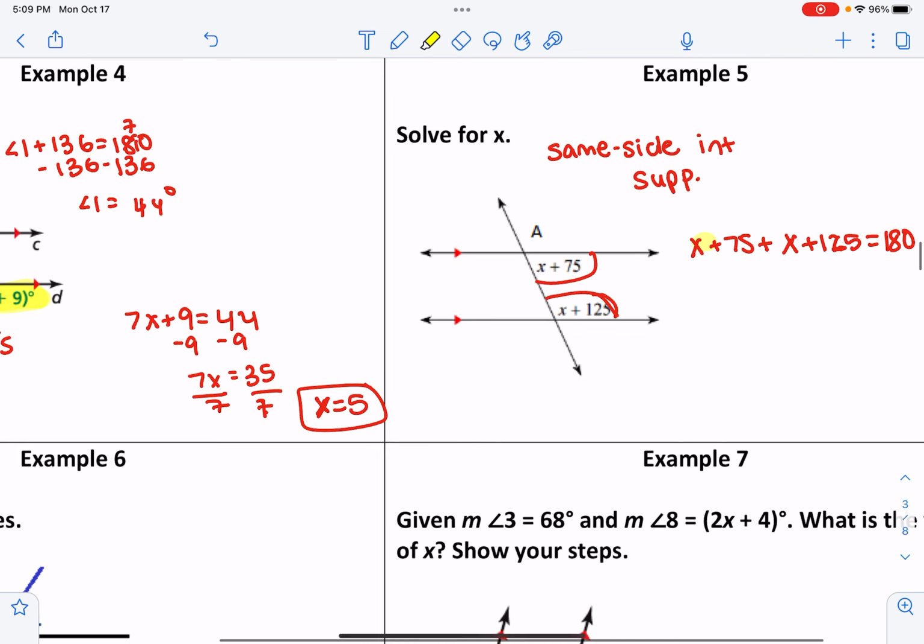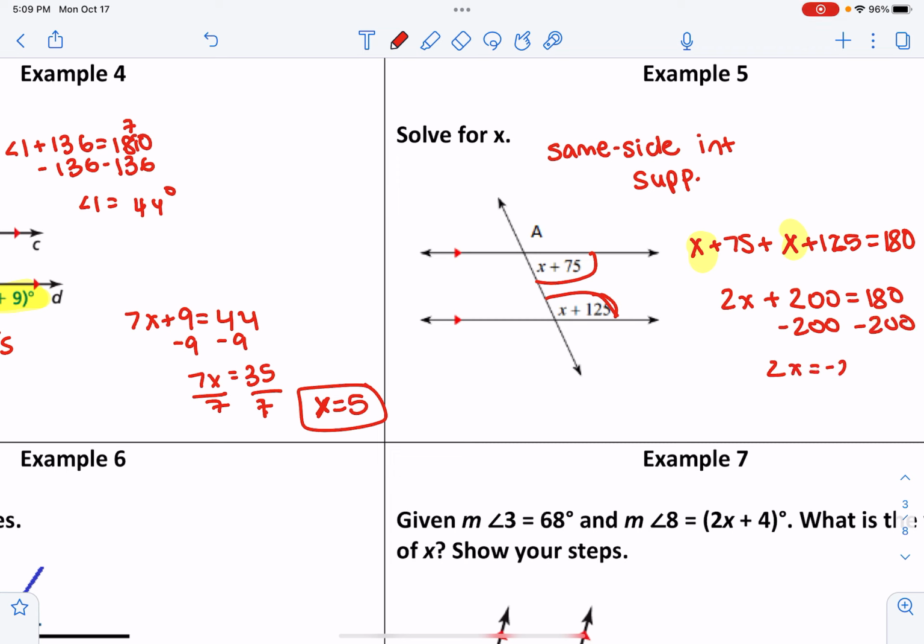So on this, we're going to combine our like terms. X plus x is 2x. 75 and 125 is 200 equals 180, minus 200 on both sides. 2x equals negative 20. Divide by 2.